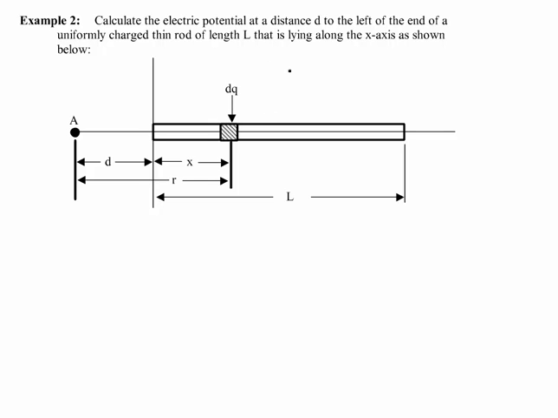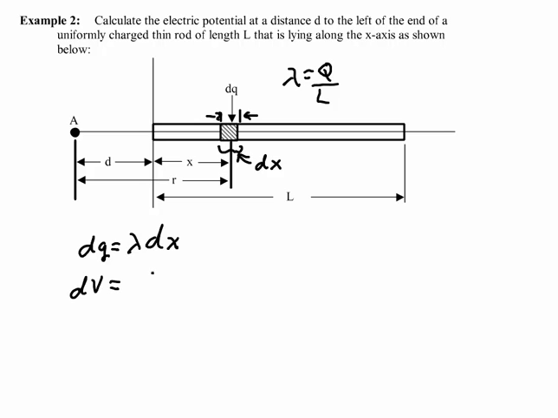So uniformly charged, this means that the charge density is Q over L. First thing to do is find this dq. dq is equal to lambda times the width of that box dx. So this box has a dq. It also has a width dx.